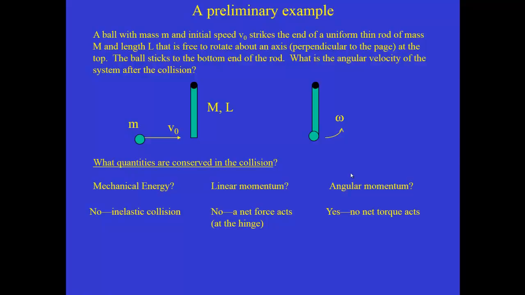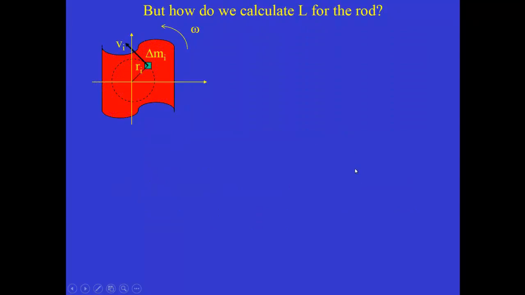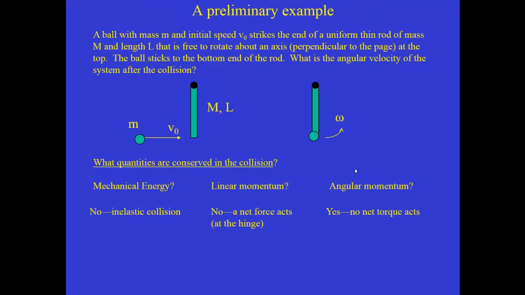And as a result, we have discovered the tool that will allow us to analyze this collision and answer the question, how fast is the rotational velocity immediately after the collision. And so what we need to do now is figure out a way to calculate the angular momentum of that rod. So if we go back to the picture for just a minute, immediately after the collision it begins to rotate, right?